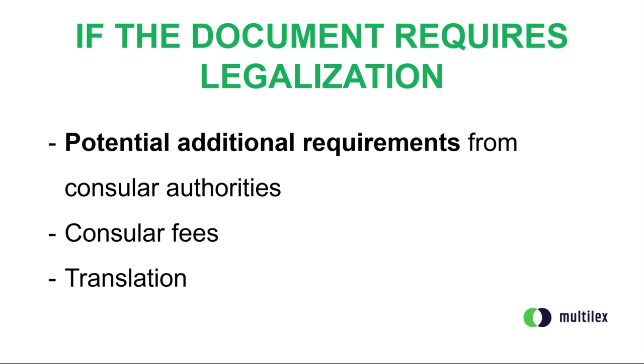Whereas if the document requires legalization, so it needs to go through the consular legalization, there might be potential additional requirements from the consular authorities for the birth record extract, and there are consular fees to be paid, and it is possible that the document needs to be translated before the consular legalization.